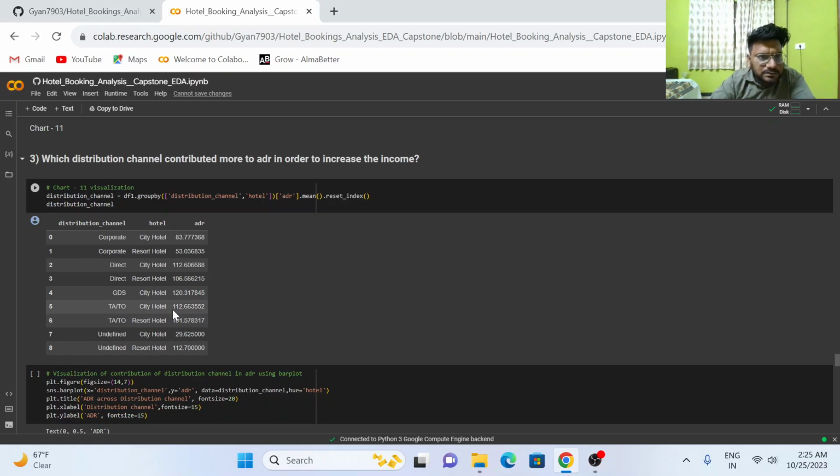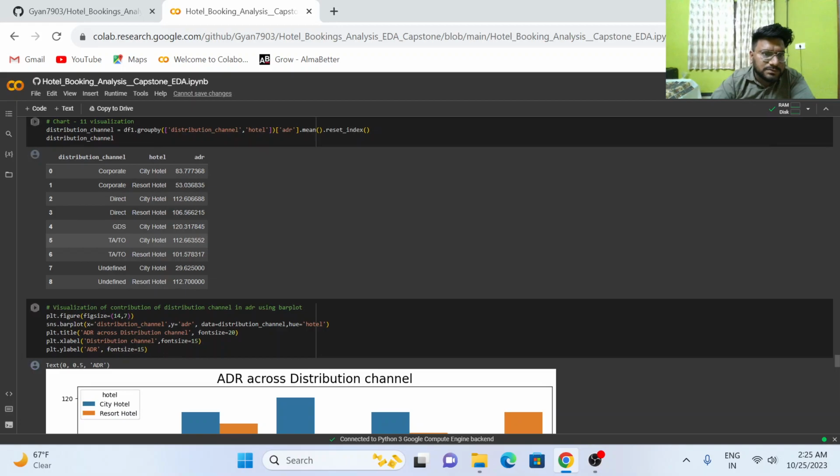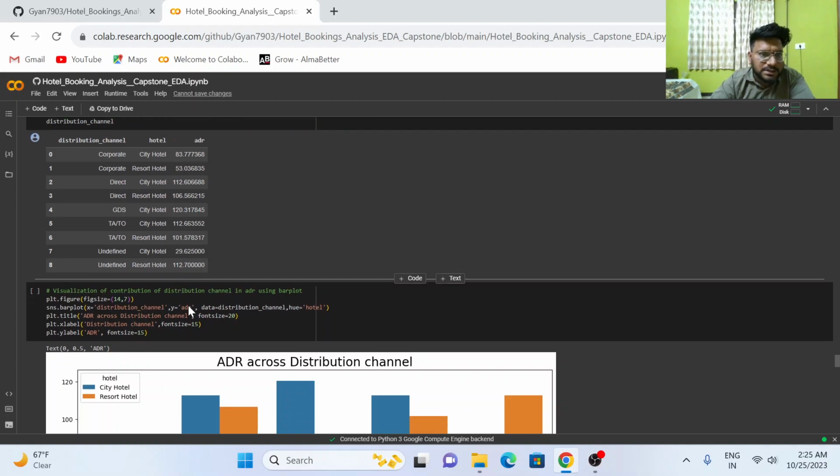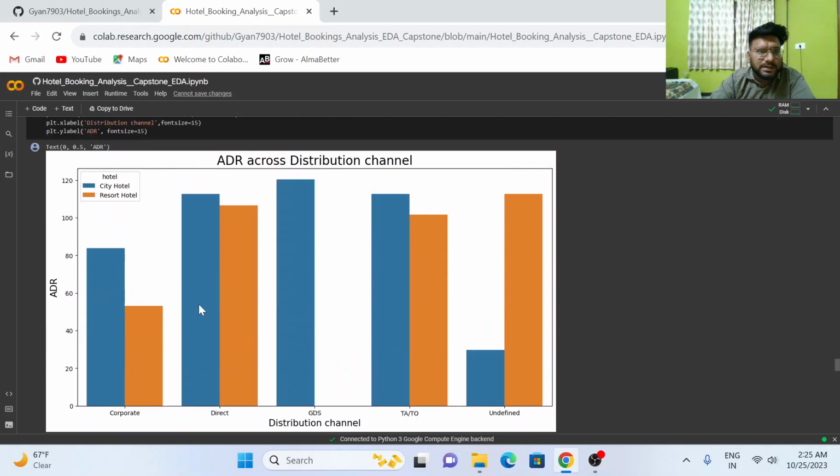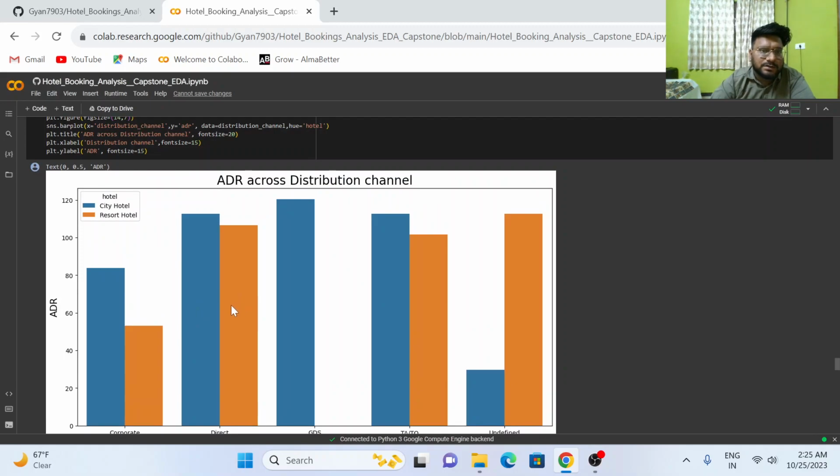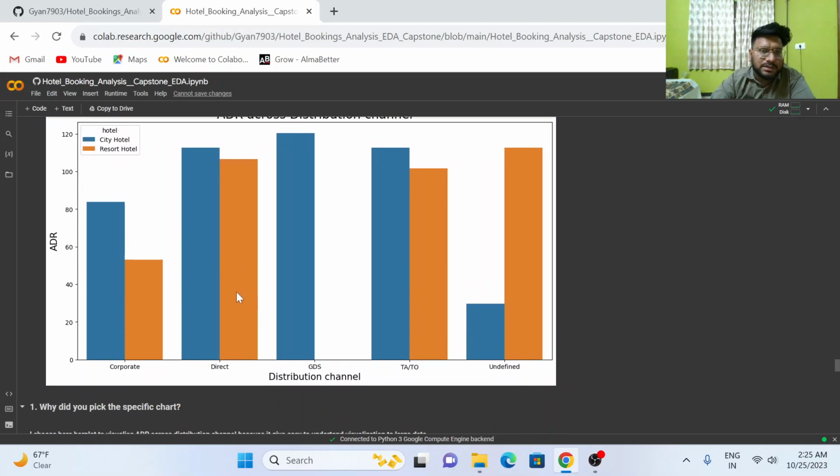But yeah, direct booking is highest. Okay, if we count all the TA/TO only, then it is the highest. So we can clearly see for the types of hotels, the direct booking was the highest.